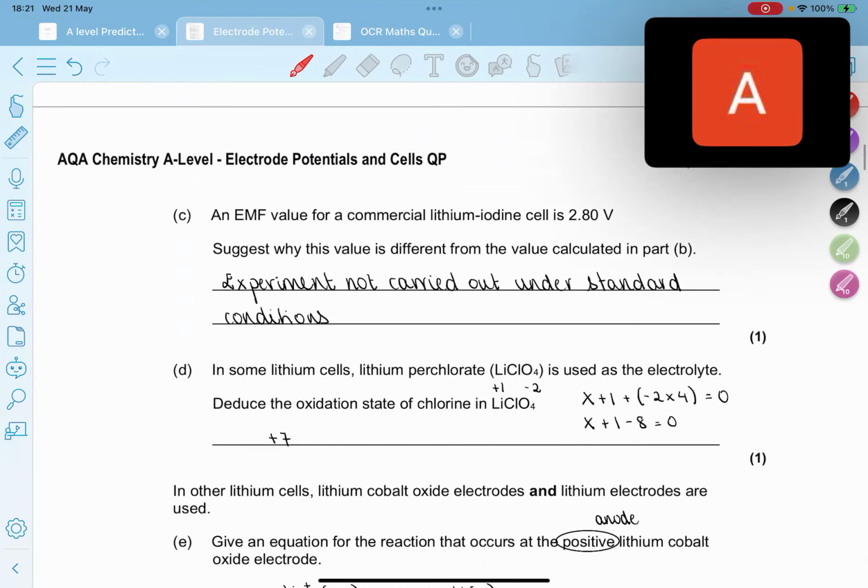The EMF value of the commercial lithium cell is this. Suggest why this value is different from the value calculated. This is not considered a standard condition. For non-standard conditions, what's the equation called? You don't have this in your exam. The Nernst equation. You can write down the Nernst equation. Use the Nernst equation to find the E cell value for a non-standard condition reaction.